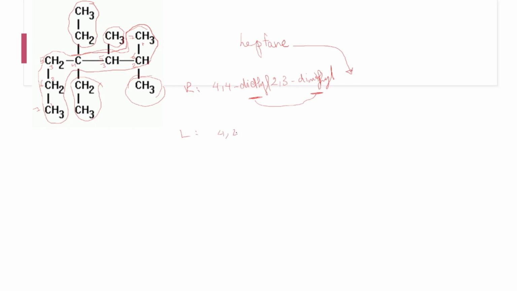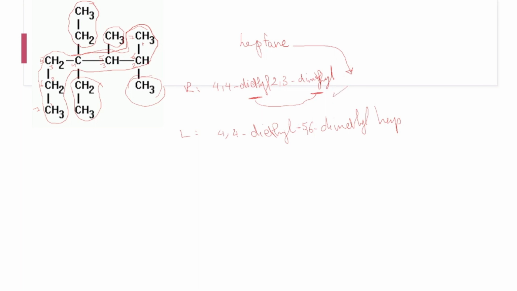So I will have 4, 4 diethyl and then 5, 6 dimethyl heptane. So which name is the most correct or matches the IUPAC rules?